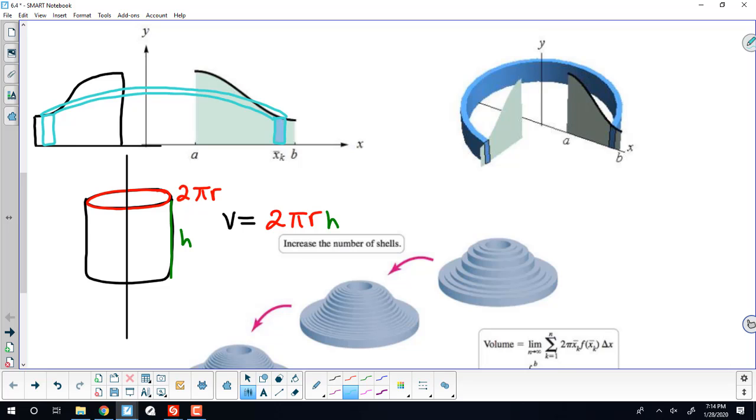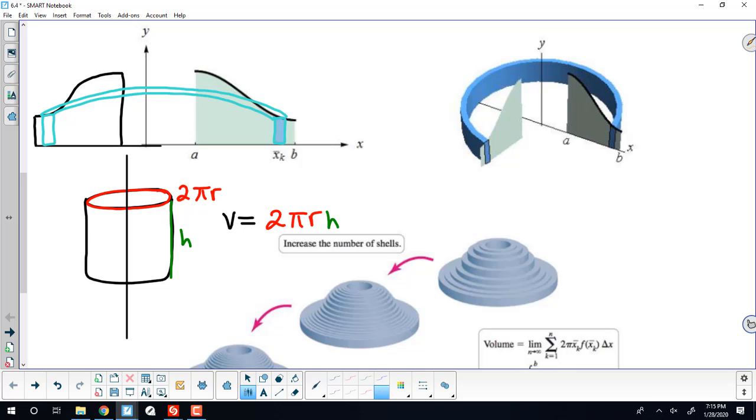How would we define the radius? The radius would be what here? What's the radius of this cylinder?